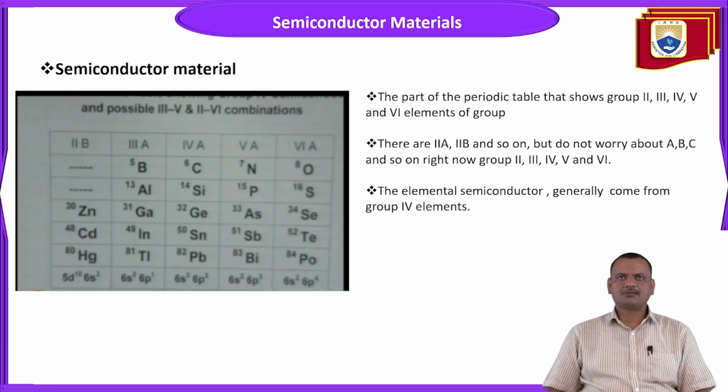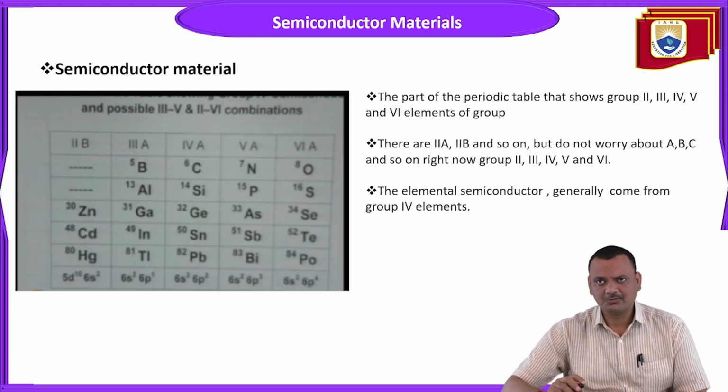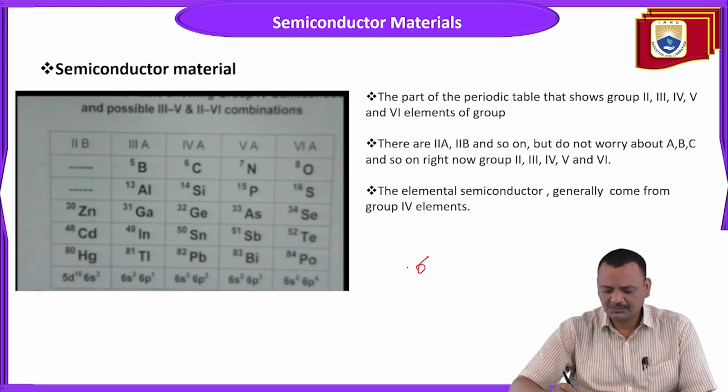So semiconductor material. Today our focus is on the material, not on the semiconducting property. Semiconductors can be defined in two ways. Those materials having conductivity sigma greater than an insulator but less than a conductor.